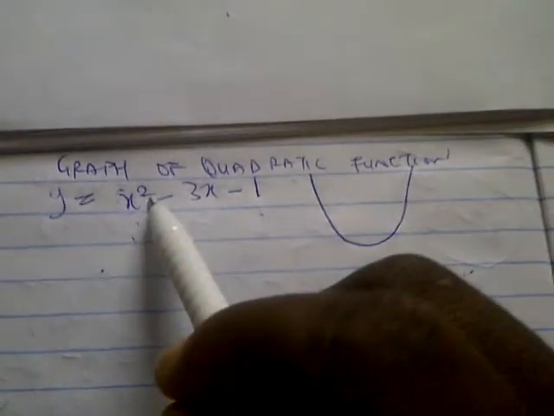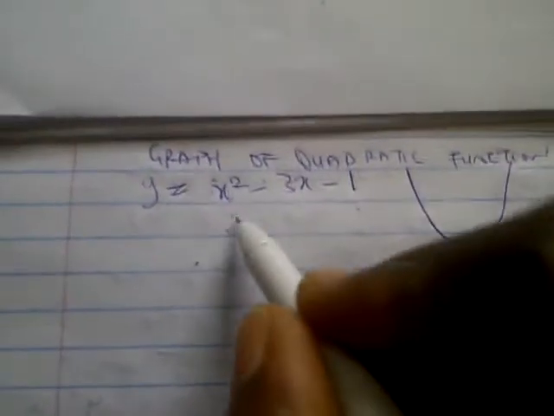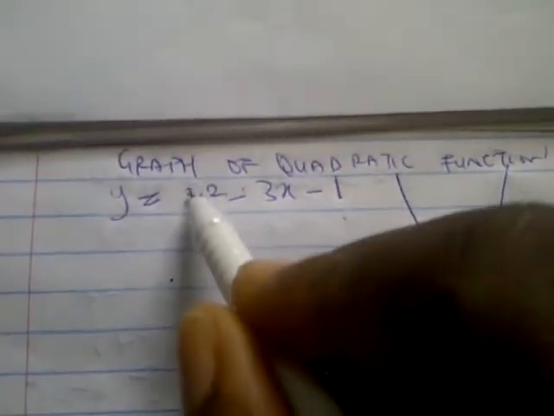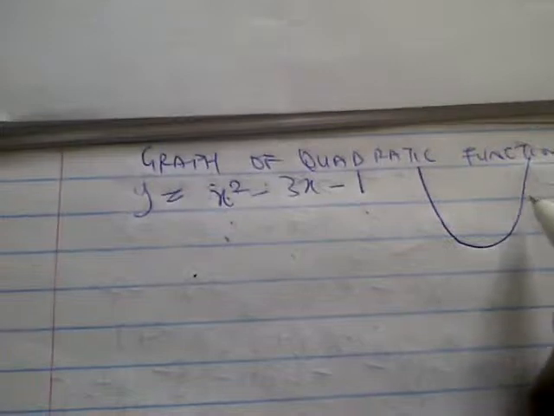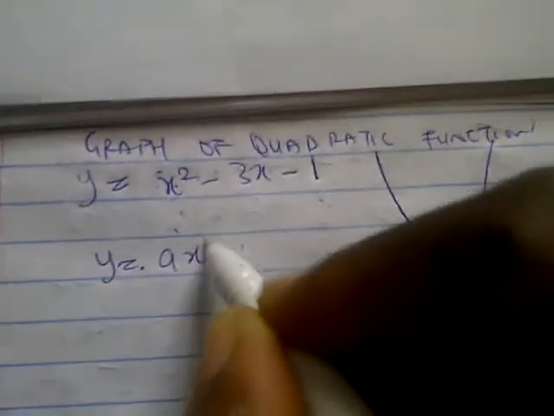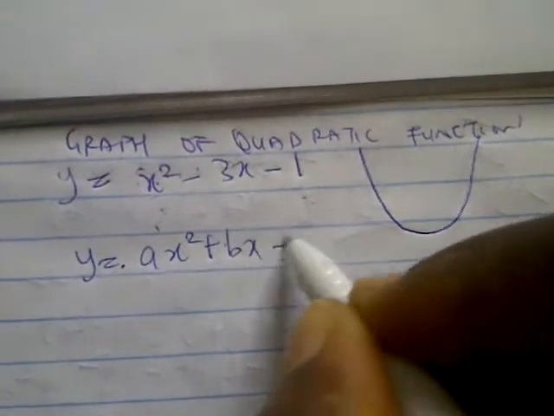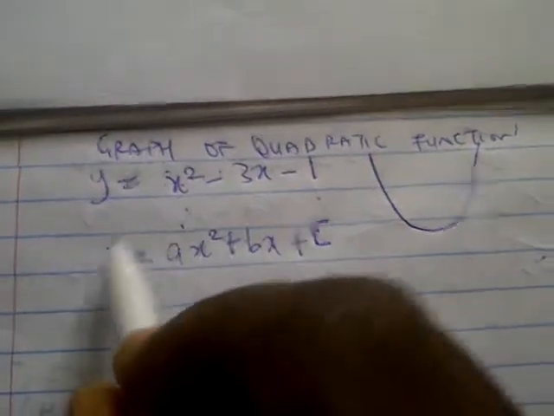And then whenever you see x squared, you know that it's a quadratic shape. Now for this a value, all quadratic graphs have this formula: y equal to ax squared plus bx plus c. This is more like their general formula.